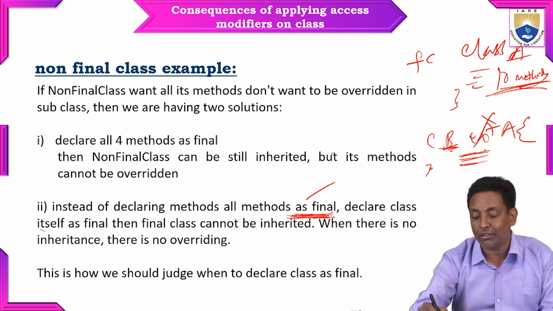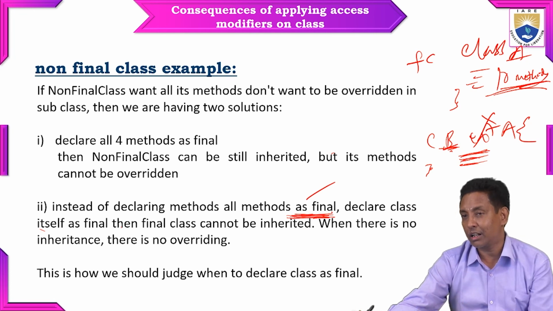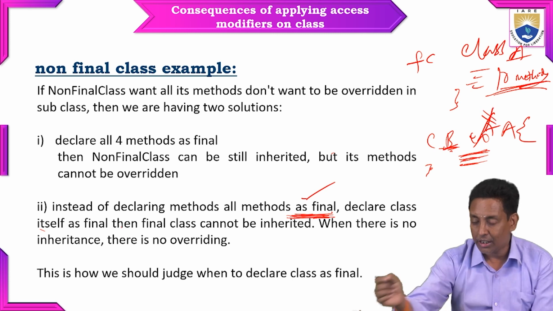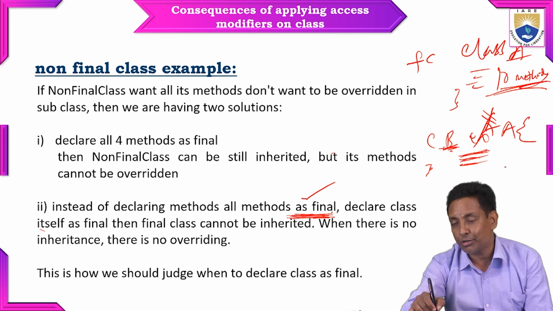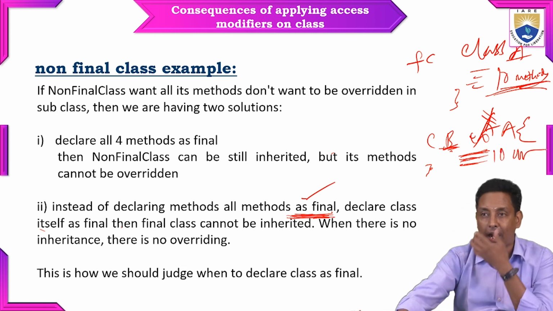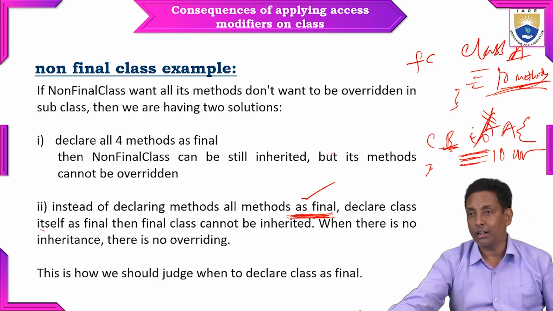This is called extending class functionality, not rewriting it. If somebody wants to add 10 more methods beyond the existing 10, they cannot inherit from a final class.